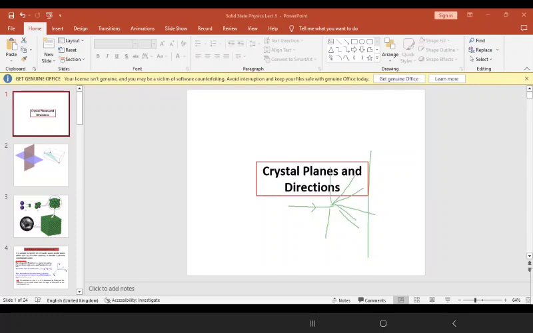There are two types: single slit diffraction or double slit diffraction. In double slit diffraction there are two sources, so here also spreading, here also spreading. So there is an interference pattern you can observe from the double slit diffraction.